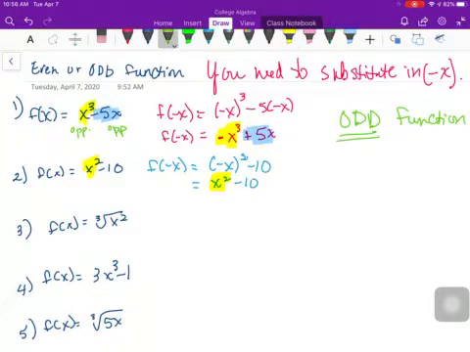X squared, x squared. That is the same. Negative 10, negative 10. That is also the same. When I get the exact same function back, it is an even function.